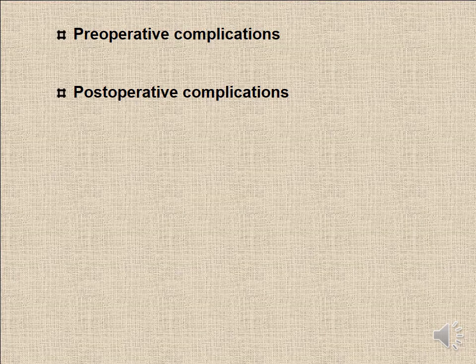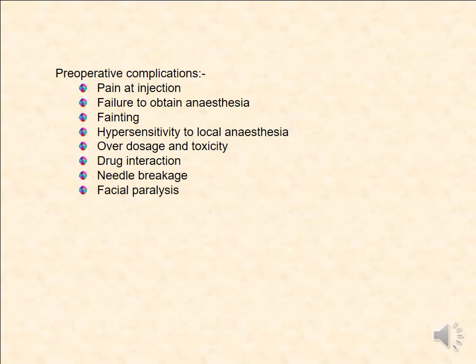We have other complications, pre-operative complications and post-operative complications. The pre-operative complications include pain at injection, failure to obtain anesthesia, fainting, hypersensitivity to local anesthesia, overdosage and toxicity, drug interaction, needle breakage, facial paralysis.